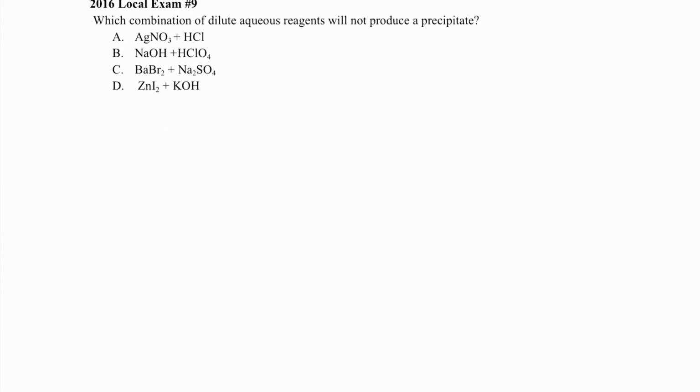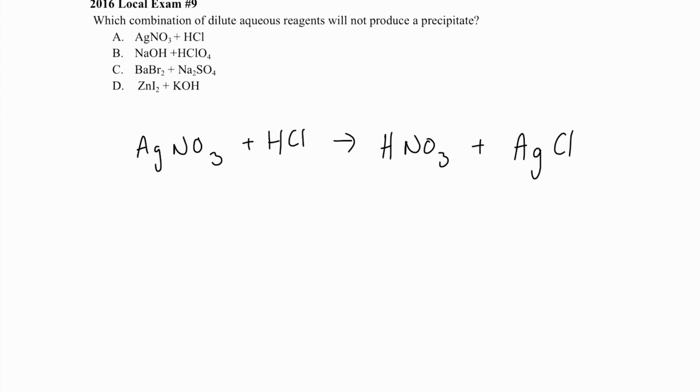Which combination of dilute aqueous reagents will not produce a precipitate? So we have 4 answer choices. Let's go through what each of them produces. So let's start with AgNO3 plus HCl. Remember, this is a double displacement reaction, so what we'll produce is HNO3 and AgCl, nitric acid and silver chloride.